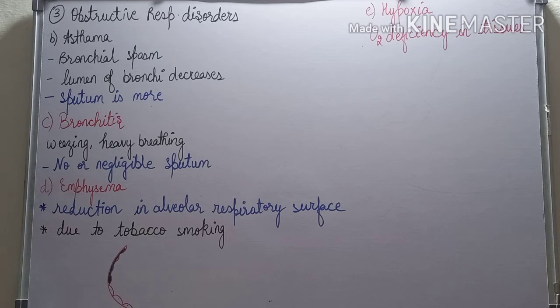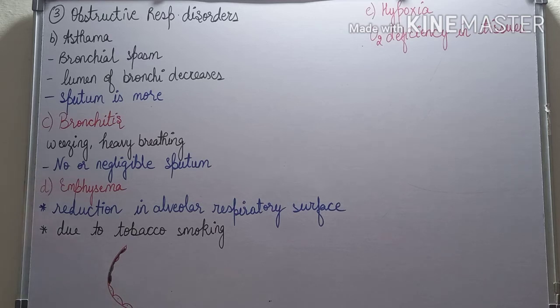He has heavy breathing, means he takes deep breaths because he is unable to breathe properly because his bronchi have reduced, it has got shrunk. So that's why the person takes deep breath. So this is what is asthma.